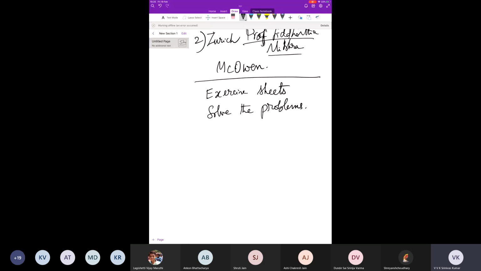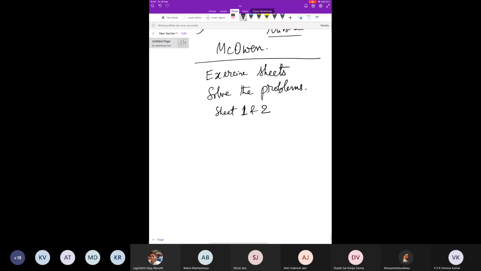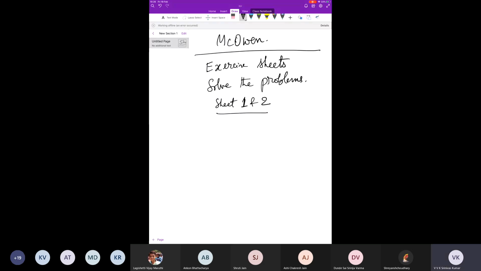We have to finish these 2 exercise sheets, so we will discuss problems from each sheet one by one. Okay. And after finishing these 2 sheets, we will go to the general nonlinear first order PDE.